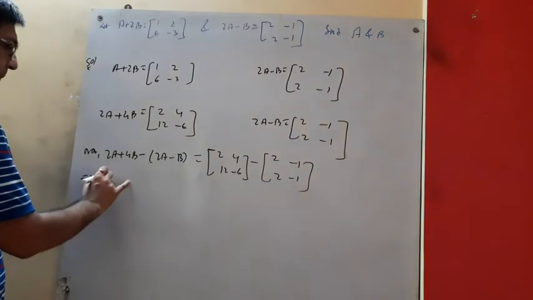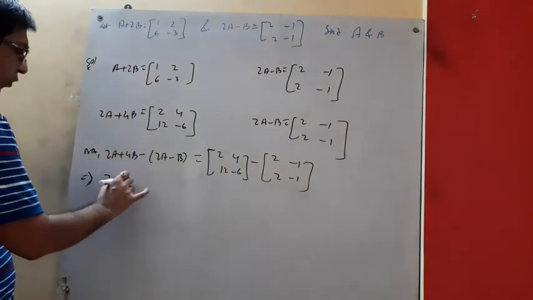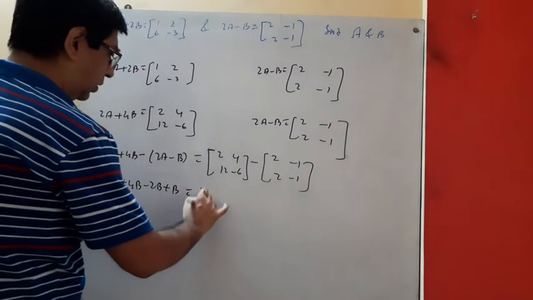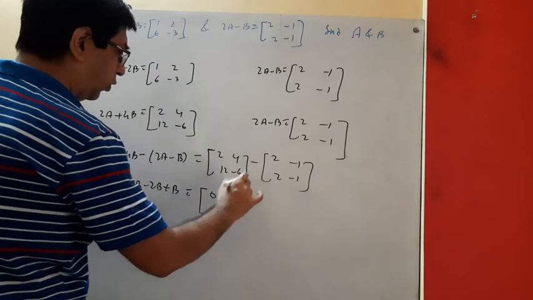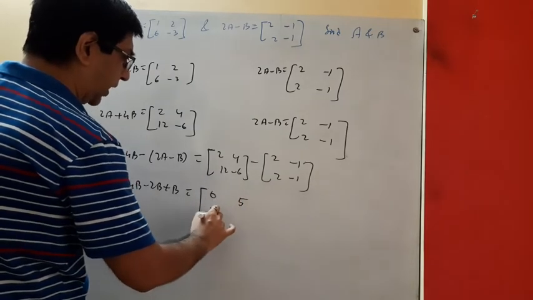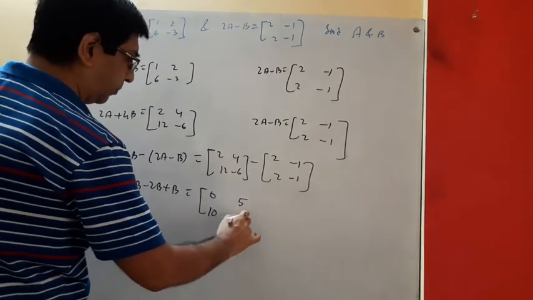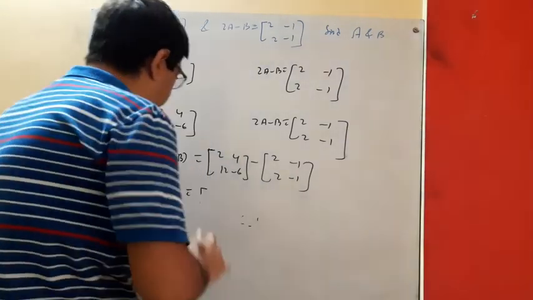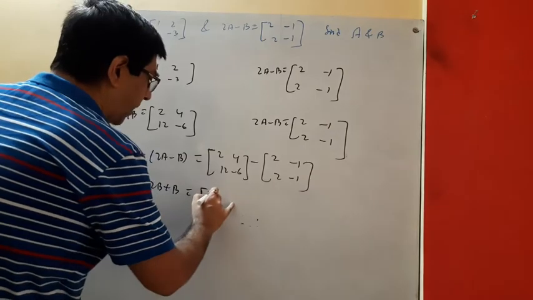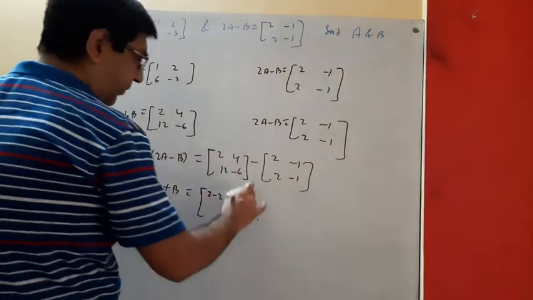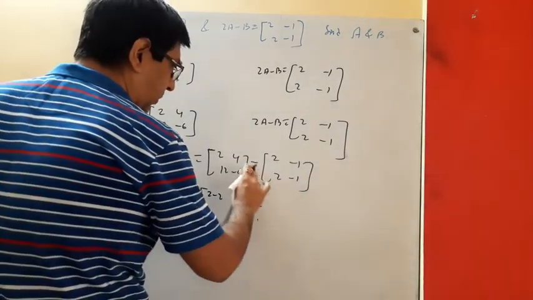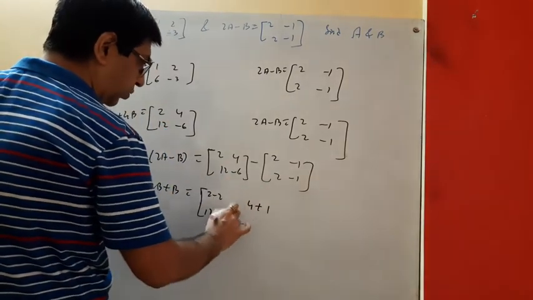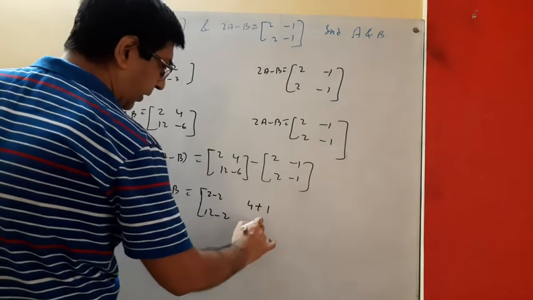So we are getting 2A plus 4B minus 2A plus B. So we are getting 2 minus 2, 0, 4 plus 1, 5, 12 minus 2, 10, minus 6 plus 1, minus 5. Okay, sir, I didn't understand anything. Okay, no problem. So 2 minus 2, corresponding elements we are subtracting, minus minus plus 1, right? 12 minus 6, 12 minus 2, this is minus 6 plus 1.